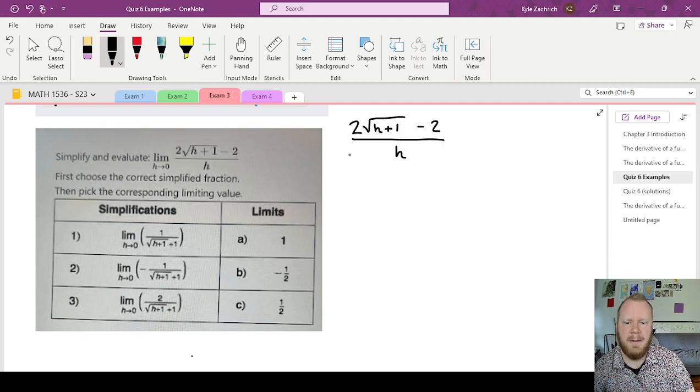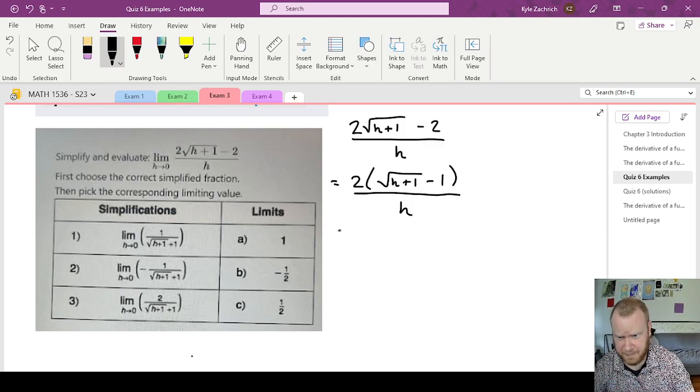And I'm just going to notice that I've got a 2 and an h, so I can take this h term out, because I like to just focus on this part here.